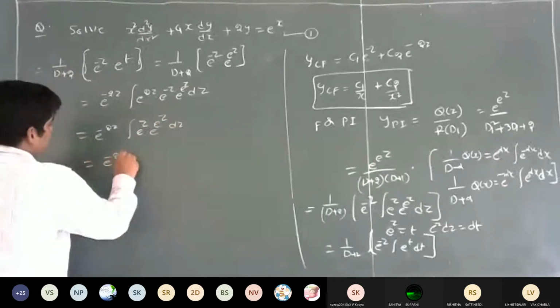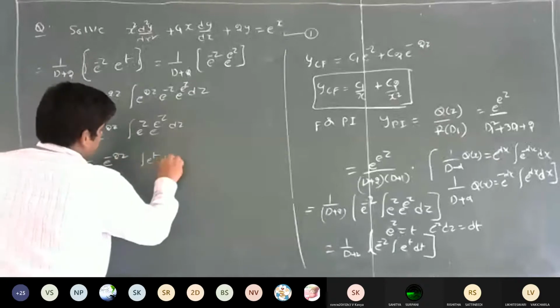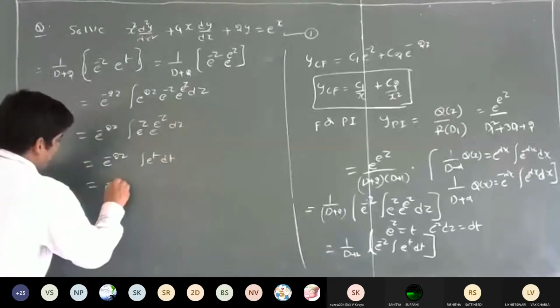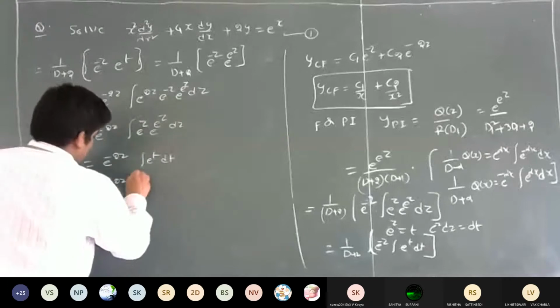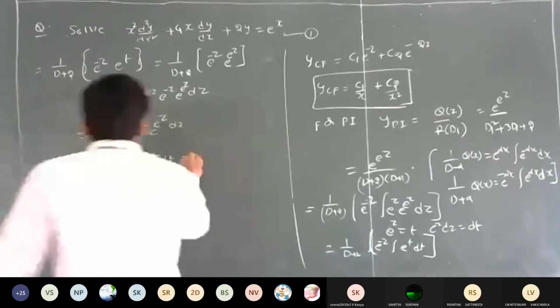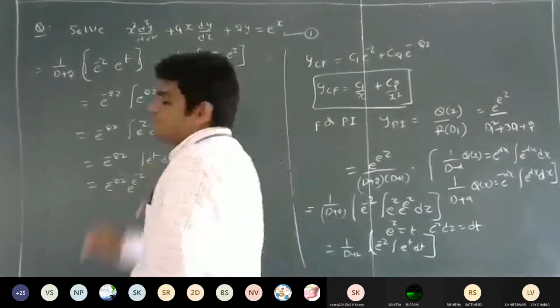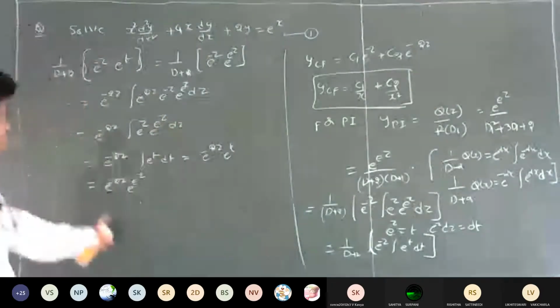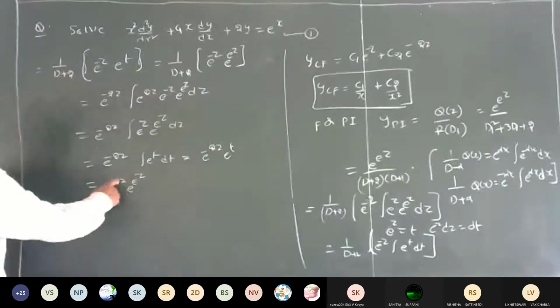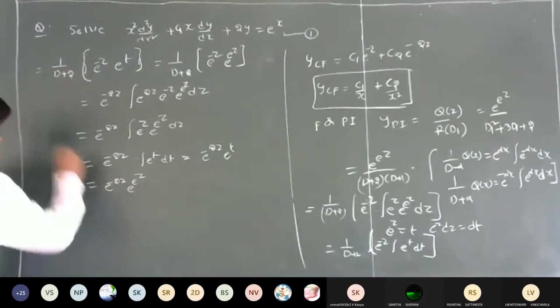So this is e power t dt. The integration of e power t is e power t, so just replace t by e power z. Finally you get e power minus 2z into e power t. This is the particular integral.